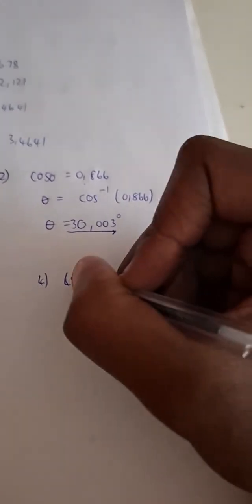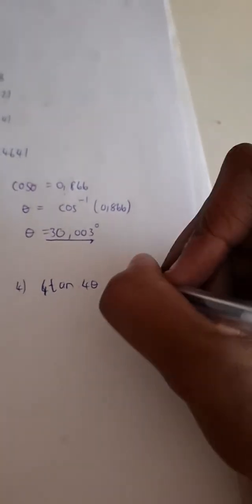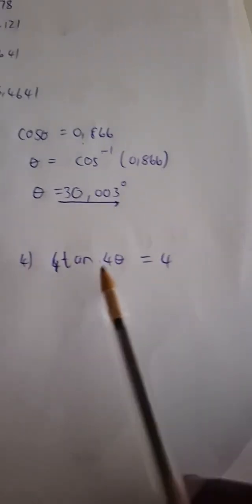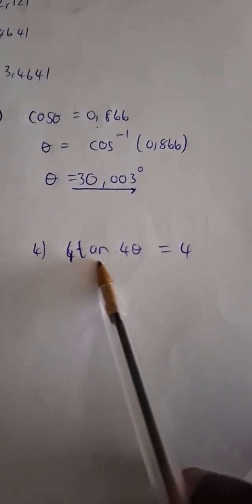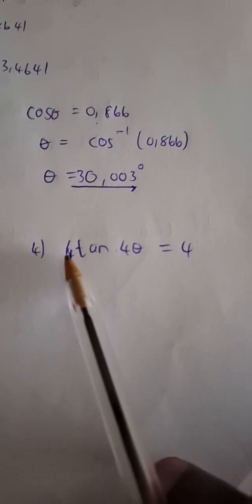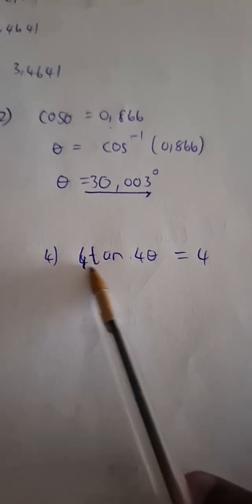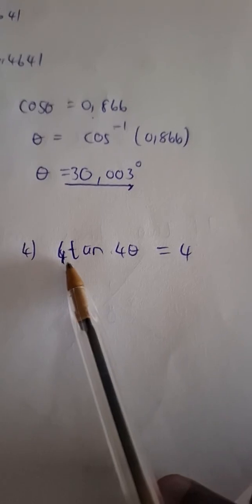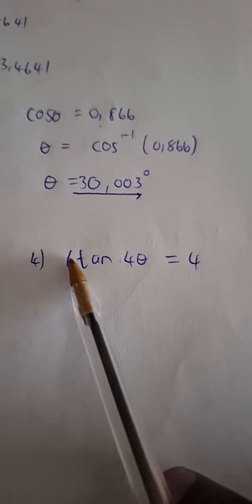4 tan of 4 theta is equal to 4. If you look at this question, guys, 4 tan of 4 theta is equal to 4. Okay, this is core maths, pure maths, grade 10, revising some grade 10 term 1 work.